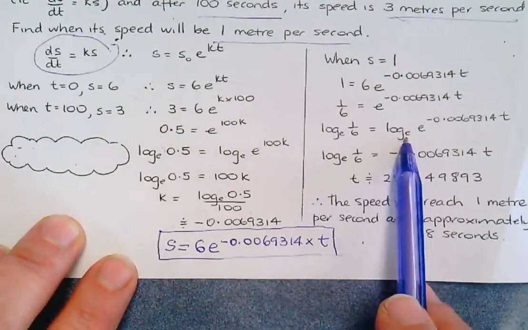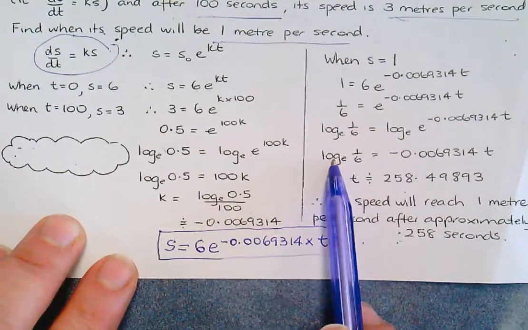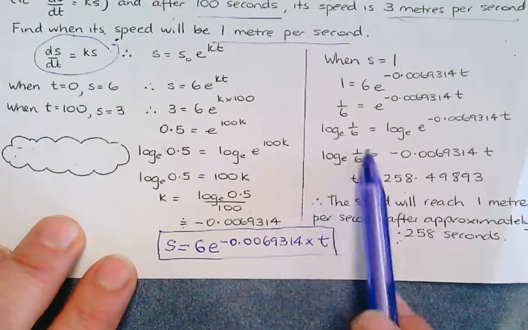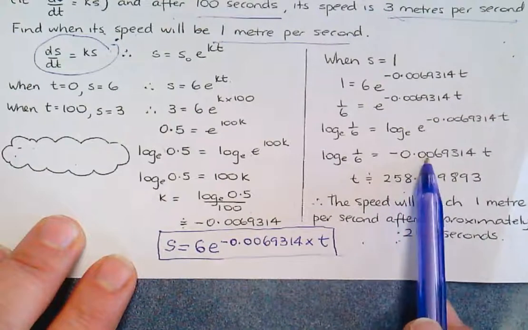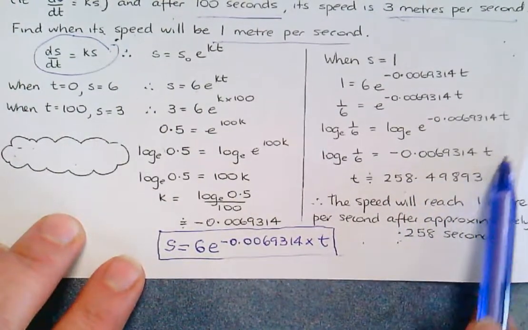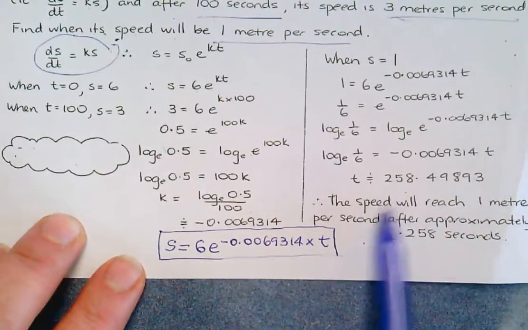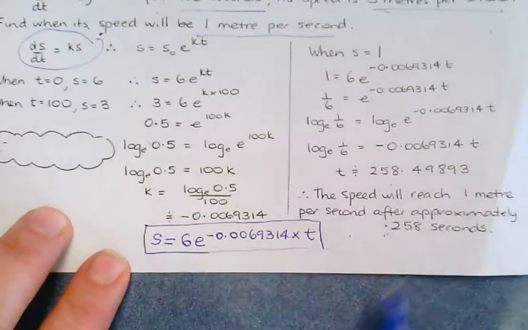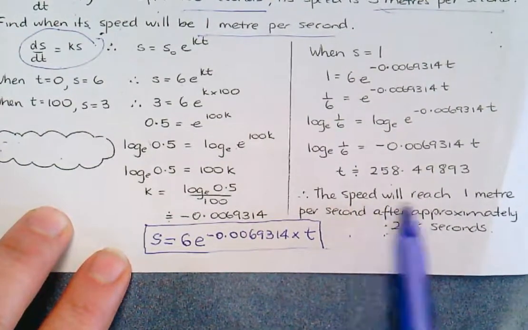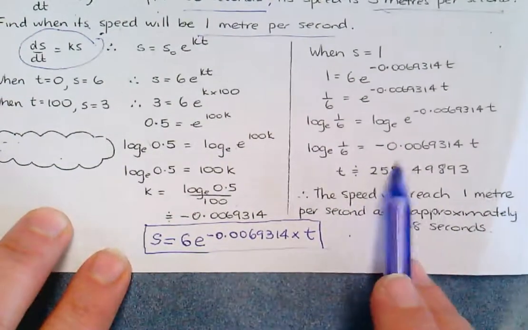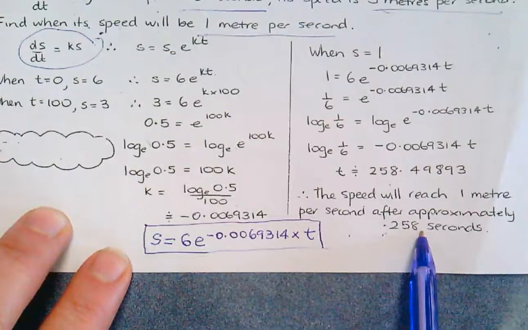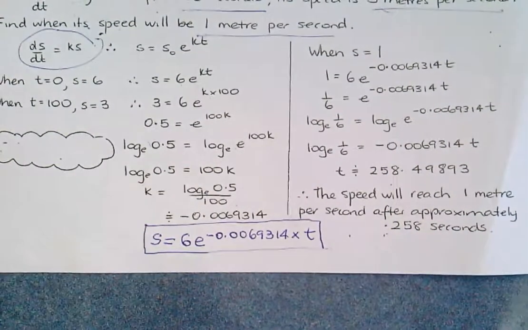Taking log to the base e of both sides, ln 1/6 equals negative 0.0069314 t. So t is ln 1/6 divided by that value of k, which is 258 seconds. Rounded to the nearest second, the speed will reach 1 metre per second after approximately 258 seconds.